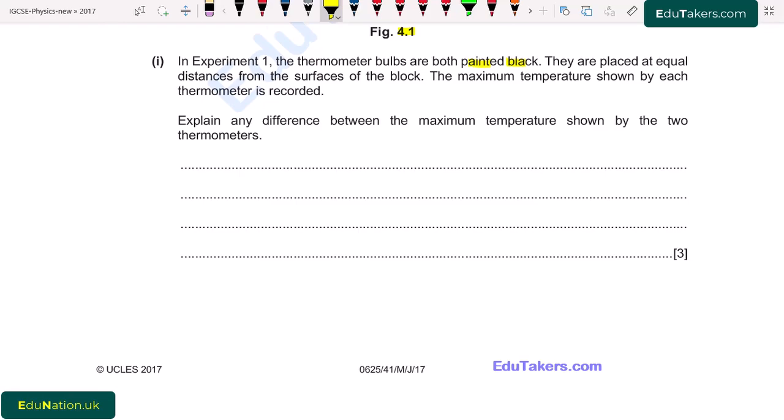I will write here: block is very hot and heat radiated from the surface.